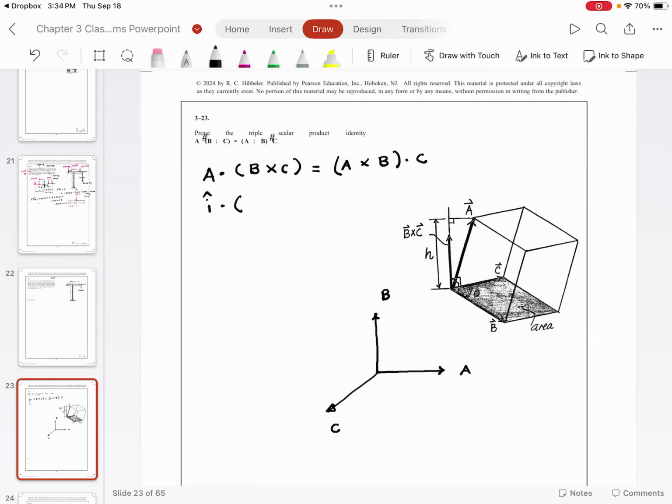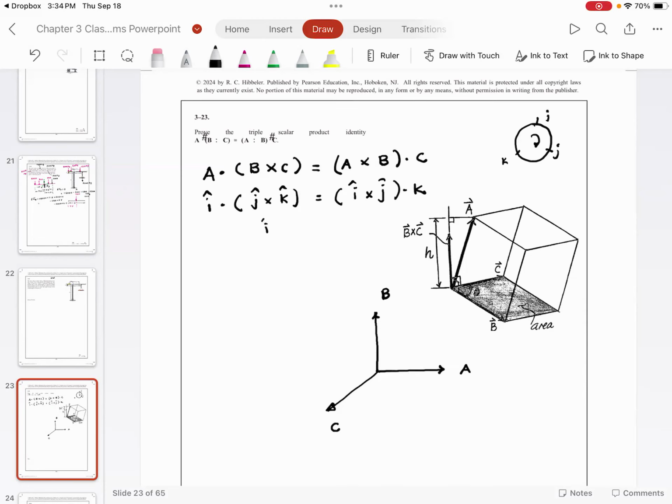I dot J cross K is equal to I cross J dot K. What is J cross K? Remember the circle of vectors: I, J, K. What is J cross K? I. You agree with me?